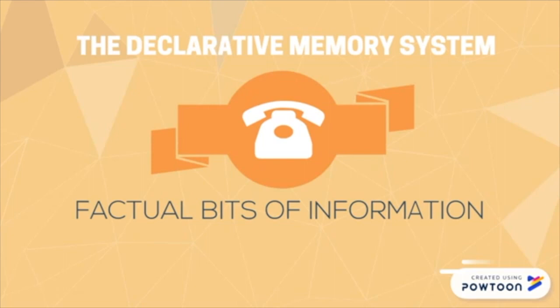When is your mom's birthday? Well, first off, you are using your declarative memory because you're trying to remember a date, and at the same time, you are using your explicit memory because you're trying to do this on an intentional, conscious level.